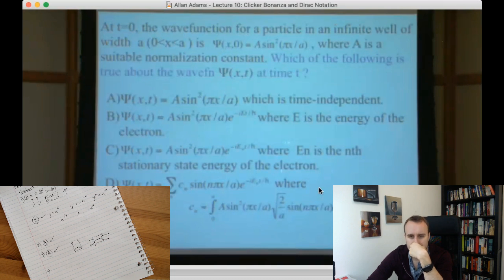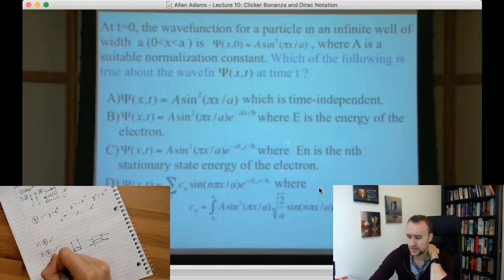What is that? That's just a phase term, right? I haven't worked it out, but my intuition is that B is also wrong. C, A sine squared where A is the nth stationary state of the electron. Yeah, I think it's D. It's going to be a big complicated mess of something, so I'm pretty sure it's D.